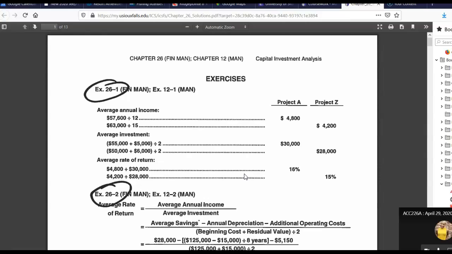One, that you have your book handy, or at least, if you have an online book, that you have Exhibit 2 and Exhibit 5.